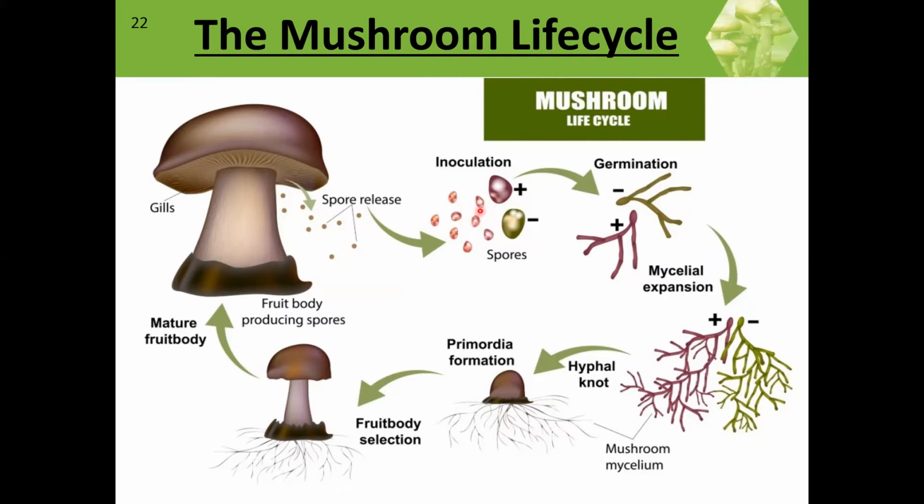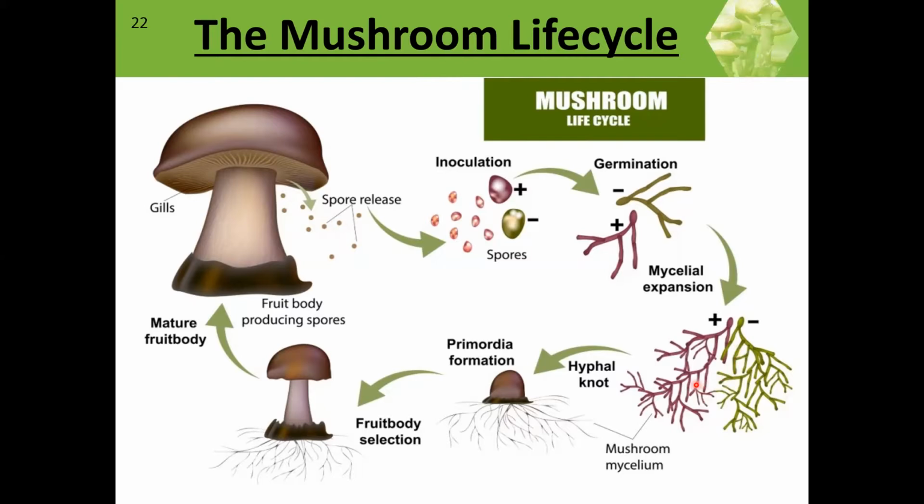So under the right conditions, whenever it's really moist, has a bunch of rain, and temperatures are right, there's not a lot of drastic change in temperatures, fungi will then find the right conditions to create hyphae and then develop into what's called the mycelial expansion, which is right here. And that's whenever the hyphae kind of fuses together. And then that's when you see a bunch of white strands, and they're really cottony and wispy.